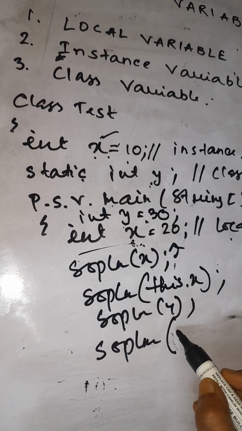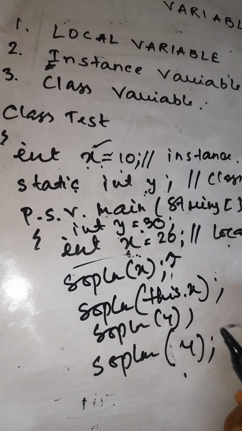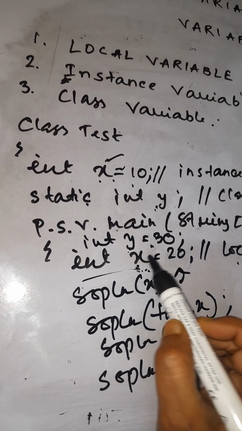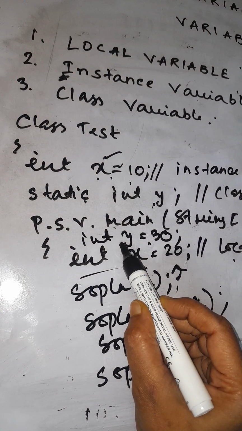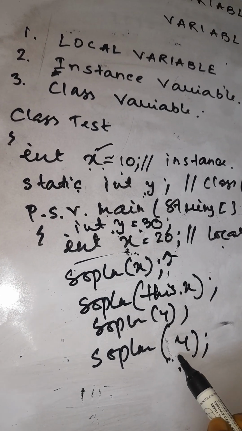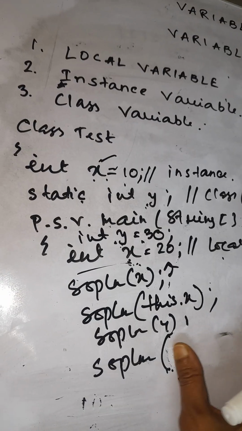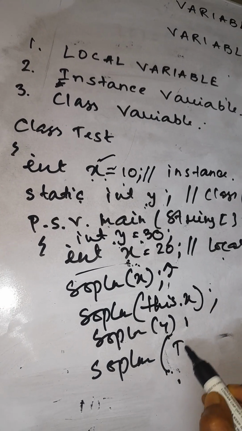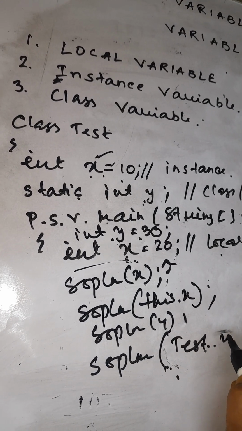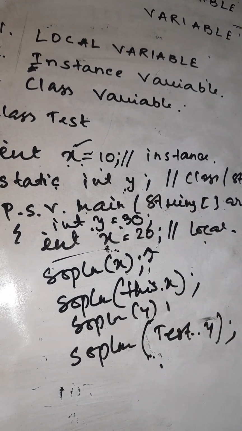So if you want to print y, there is confusion about which y will be printed, because here I also have one more y. The local variable priority is higher, so it will print 30. That's why you have to mention Test.y. Then your static variable will be printed.